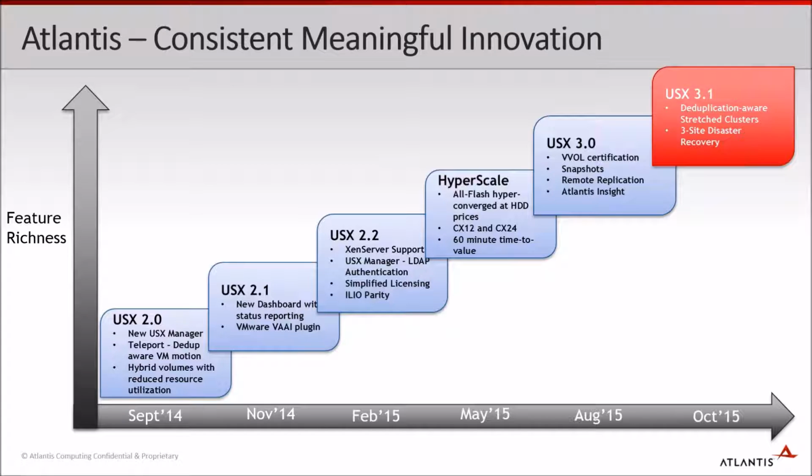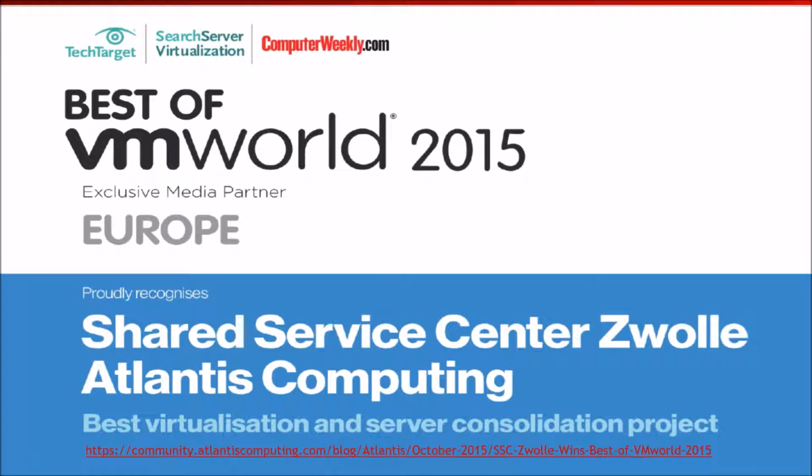But getting into stretched cluster, I am happy to report that with one of our early access customers, Shared Service Center Zwolle, a customer based out of Netherlands, we actually won the Best of VMworld award at VMworld Barcelona.